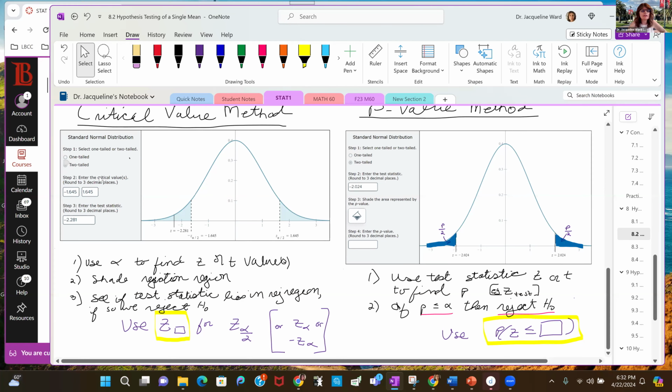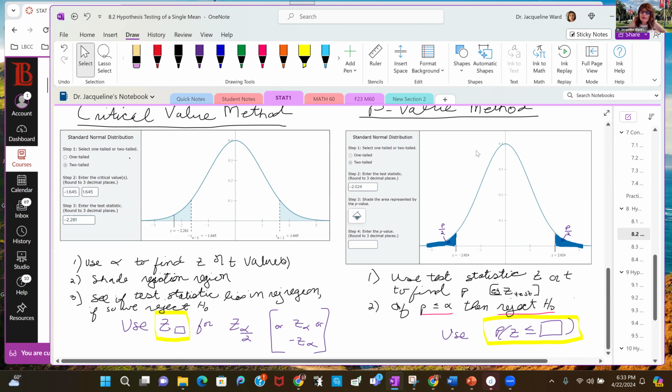So this is an example of a two-tailed test where we shaded in both tails. And then you calculate the test statistic and see if it lies in the rejection region. And if so, we reject the null hypothesis. We use this button in Alex in order to find the critical values.